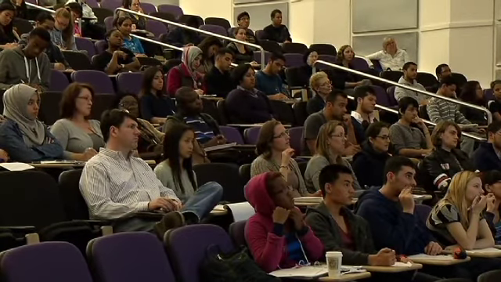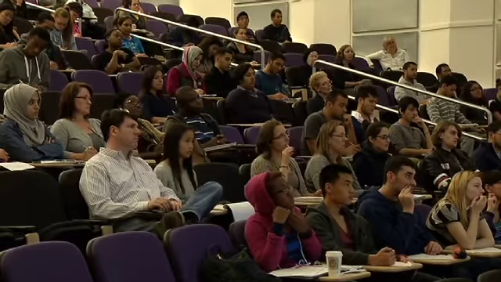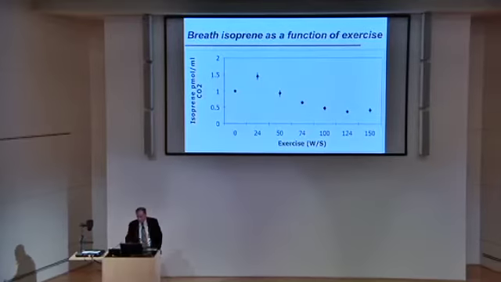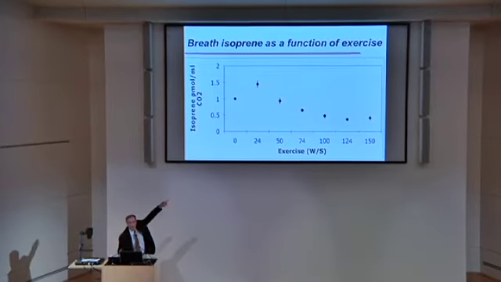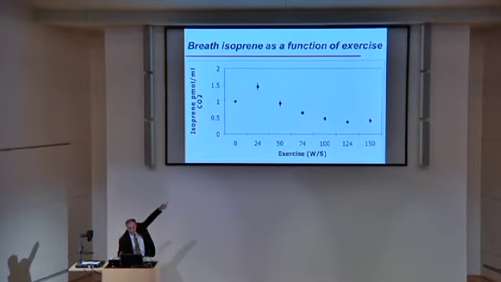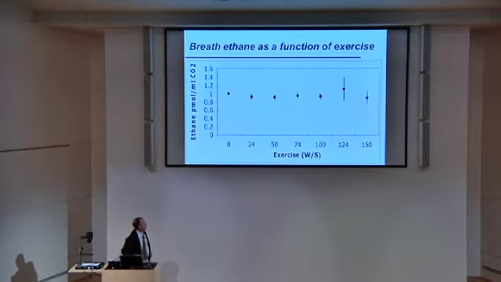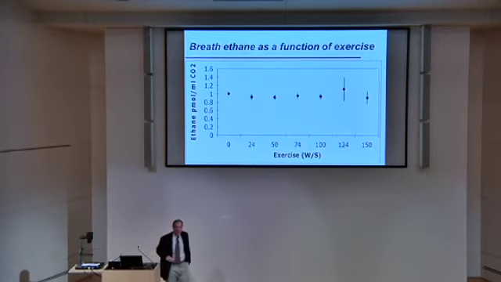You also blow down the level of isoprene in your blood. And what you do then is you change the biosynthesis of cholesterol as a result. But this is blowing it down because you're ventilating the lung much more rapidly than you're having cardiac output. Whereas ethane, it didn't change.